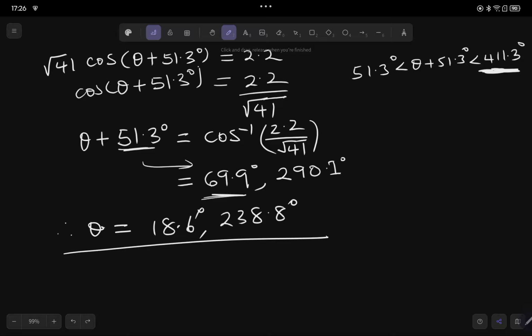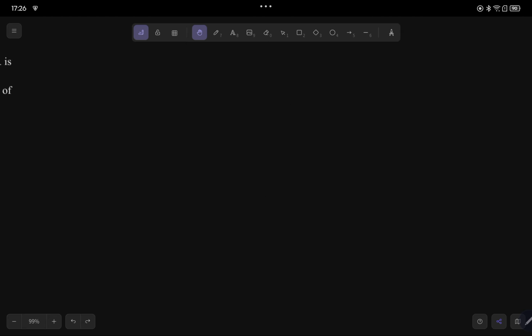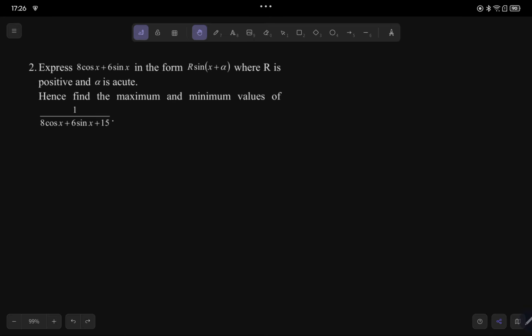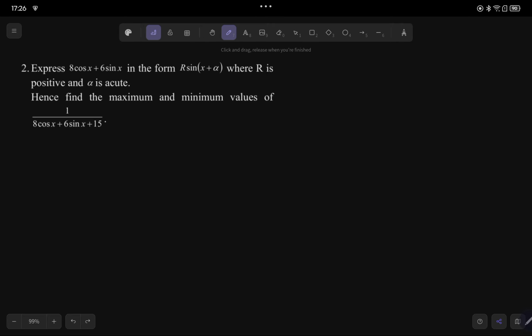Allow me to go to question number 2. Question number 2 says, express 8 cos x plus 6 sin x in the form r sin(x plus alpha), where r is positive and alpha is acute.